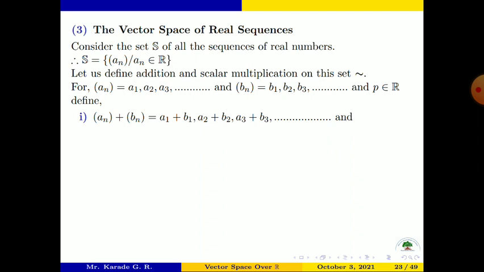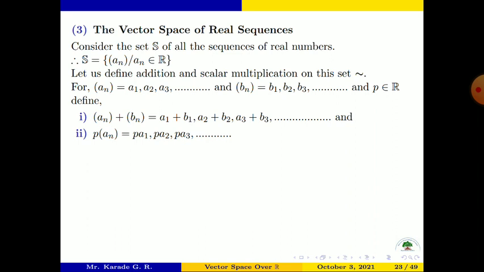And we define scalar multiplication. p times a_n: p is a real number or scalar, multiplied by that scalar to every term of that sequence. So p a_n is equal to p a1, p a2, p a3, dot dot dot.